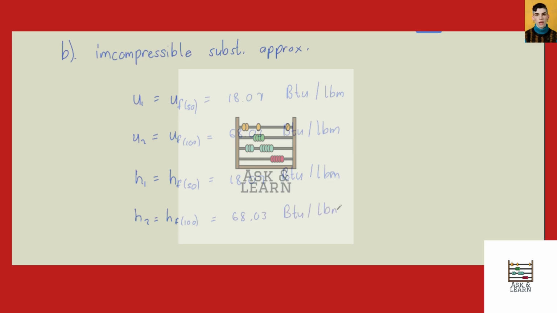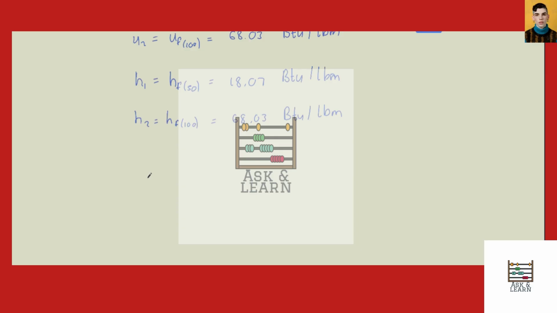So what we can see is that U1 and H1 are the same, and U2 and H2 are the same from our tables.